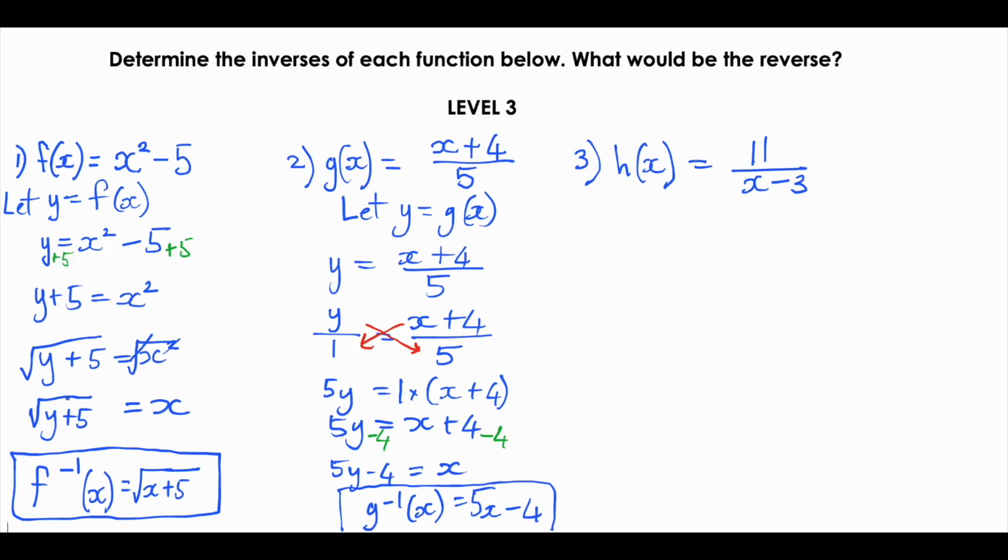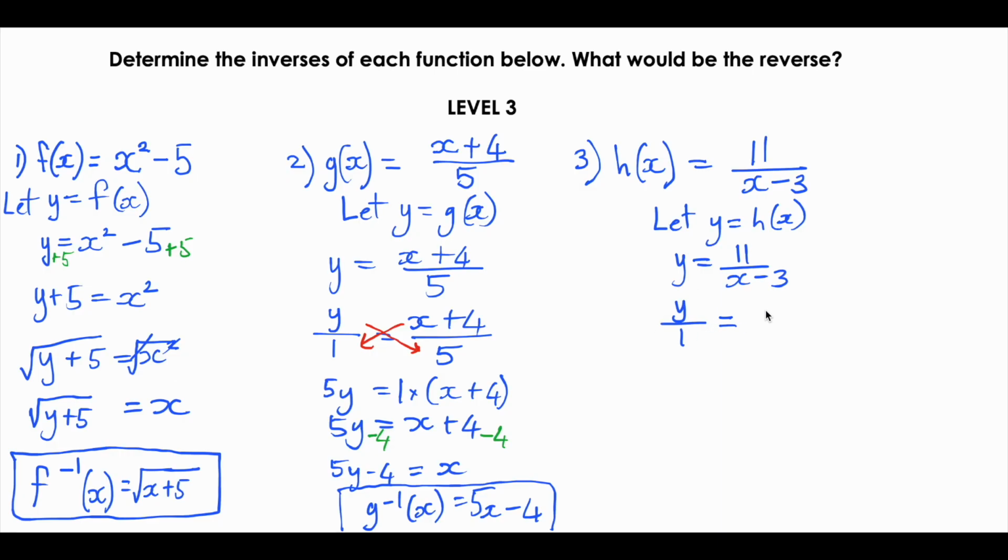So let's look at this next one here now. We say the same thing. Let y equal h of x. And then now we could say that y is equal to 11 over x minus 3. So if I was to write y as a fraction, same concept again, y over 1.